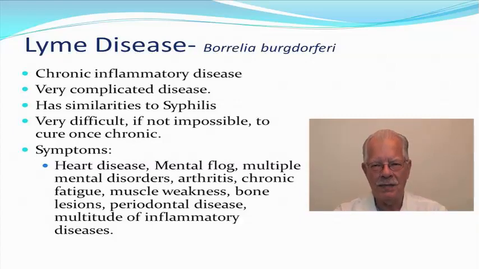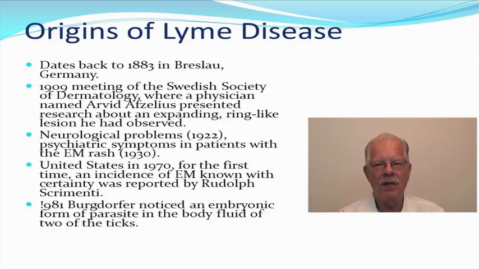Chronic Lyme disease has all the symptoms we just described for tertiary syphilis and multiple missing teeth syndrome: heart disease, mental fog, multiple mental disorders, arthritis, chronic fatigue, muscle weakness, bone lesions, periodontal disease, and multiple other chronic inflammatory diseases, the same as the other long-term chronic manifestations of spirochetosis. Now we talk about the origins of Lyme disease.